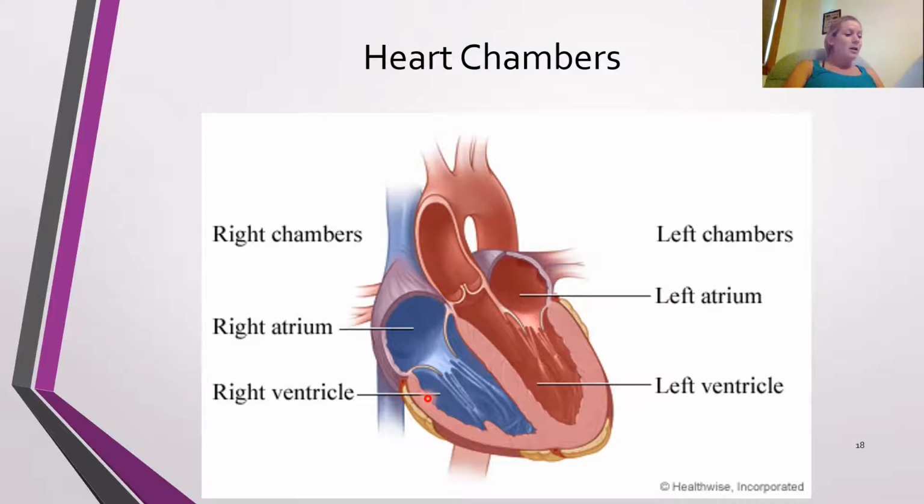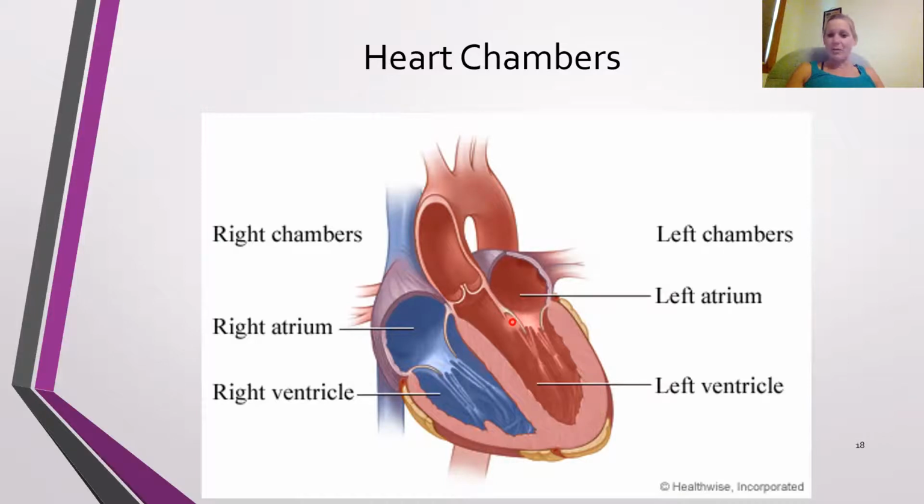Right? Other things to note, we have a valve that's going to separate the atria from the ventricle on both sides. On the right side, we have the tricuspid valve. So again, basically, this valve is made up of 3 different little flaps that kind of fold together. The left valve is known as the bicuspid valve or the mitral valve.